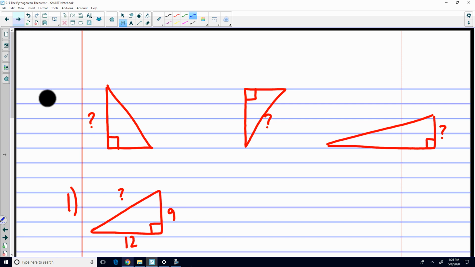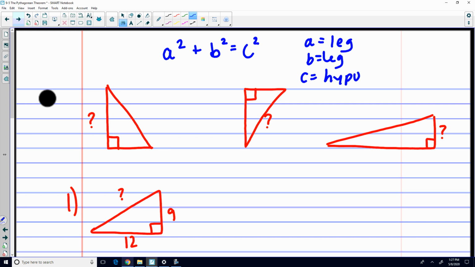All right, so first of all, let's start with some notes, and I'm curious what side I have a question mark on for you, so just keep that in mind. I have A squared plus B squared equals C squared. A is a leg, B is a leg, C is the hypotenuse, okay, the longest side. A and B are shorter, C is always the longest side.